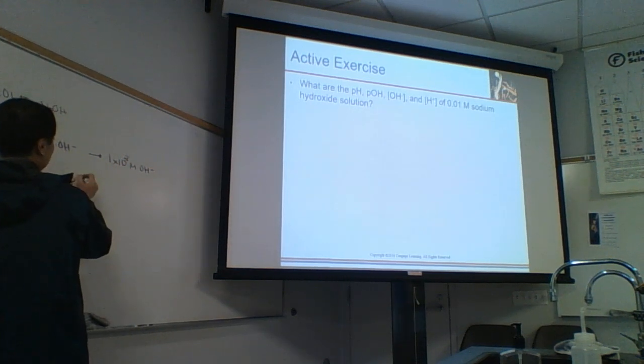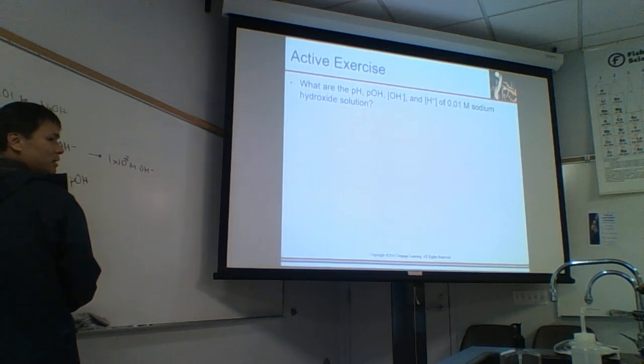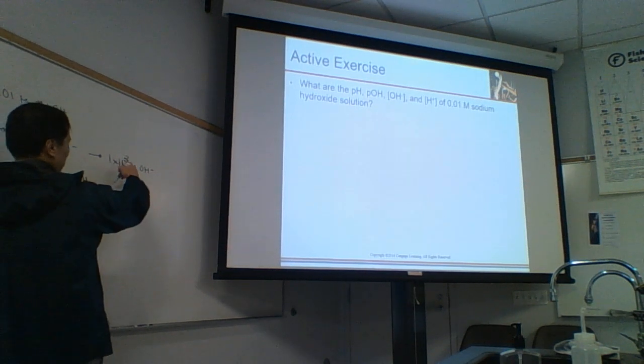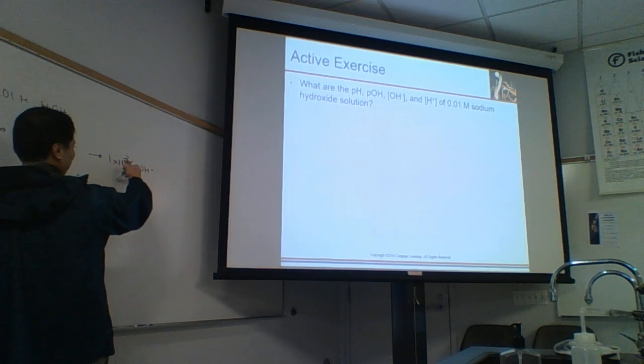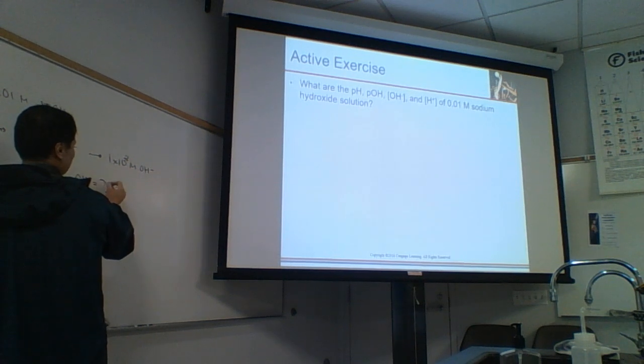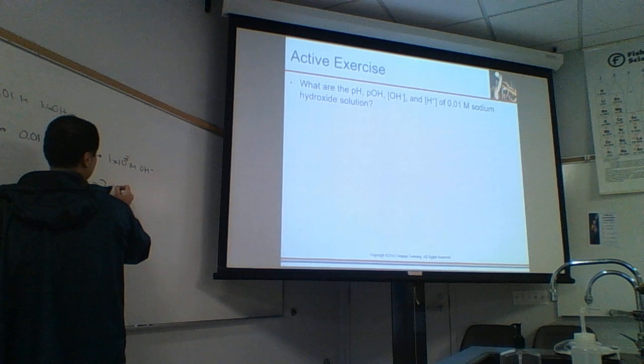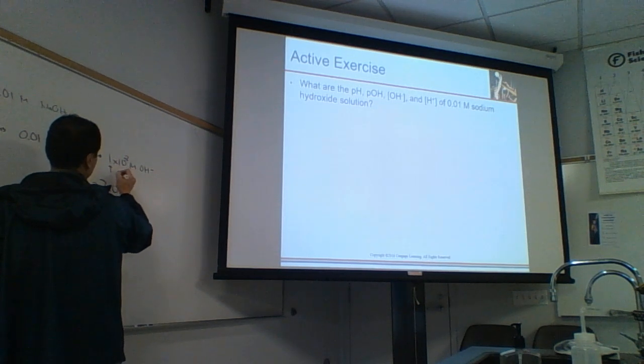So what is the pOH, the negative power of the hydroxide? Well, the power is going to be 2, so the pOH is 2. And it's going to be 2.0 because we have 1 sig fig.